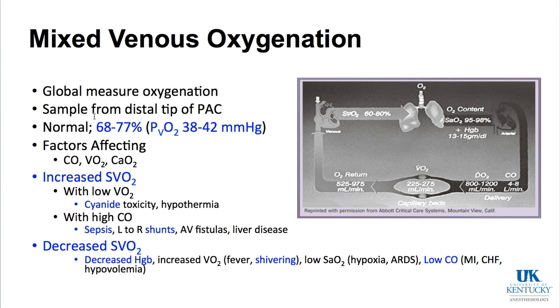There are many factors affecting mixed venous oxygenation, including cardiac output, oxygen use by the tissues, oxygen content. So some things that can increase mixed venous oxygen. Well, first of all, if your SvO2 was high, it could be due to you're just not using oxygen at the tissue level. Cyanide poisons cytochrome aa3 oxidase in the electron transport chain, and your tissues cannot use oxygen, and so they undergo anaerobic metabolism.